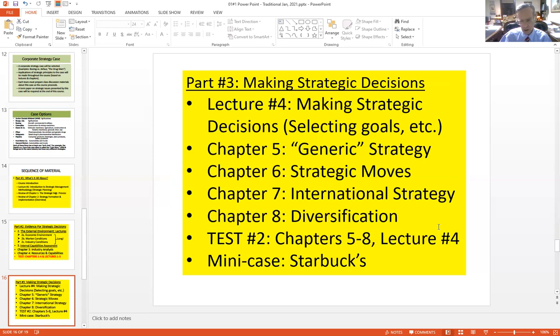The reason it's there at this point in the course is because it ties up with international strategy. And it sort of asks the question, should Starbucks be diversifying at all? Anyway, everything in chapters 5 through 8 applies to Starbucks, especially chapter 7.